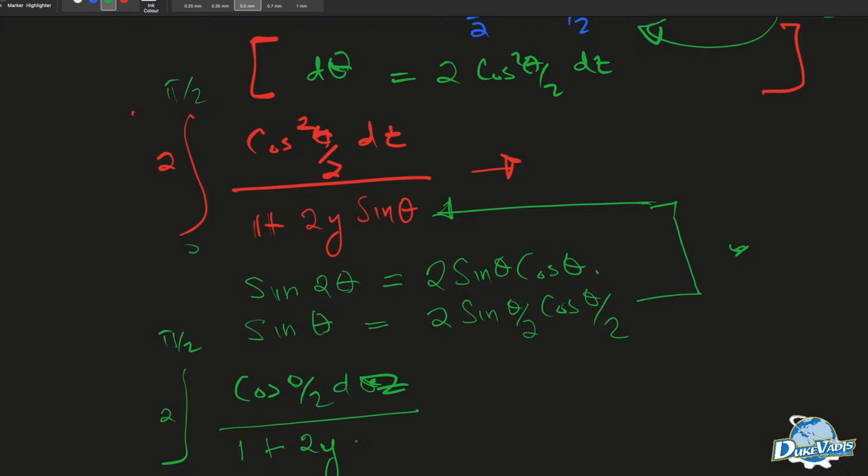So you see that our sine theta has now changed. We are going to make sine theta the subject of an expression: 2 times sine theta over 2 and cos theta over 2.